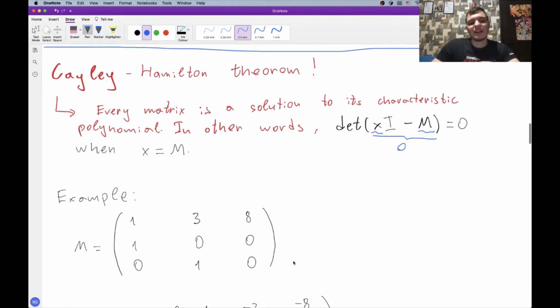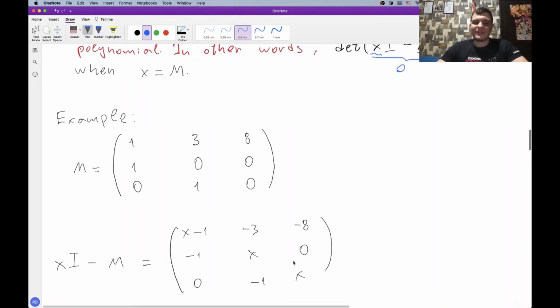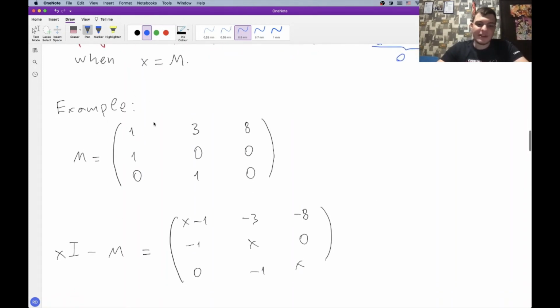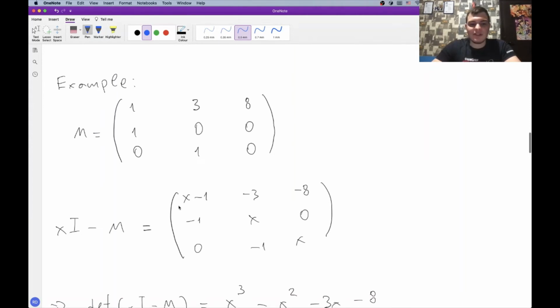So in other words, let's look at an example. Let's have m being this matrix. You can see it here. Now let's calculate x multiplied by the identity matrix. So x by the identity matrix will be just the matrix where we have x's on the diagonal. And let's subtract m from this matrix. So in the end, we'll have this thing.